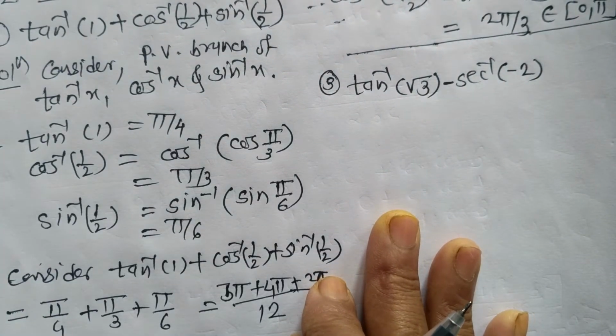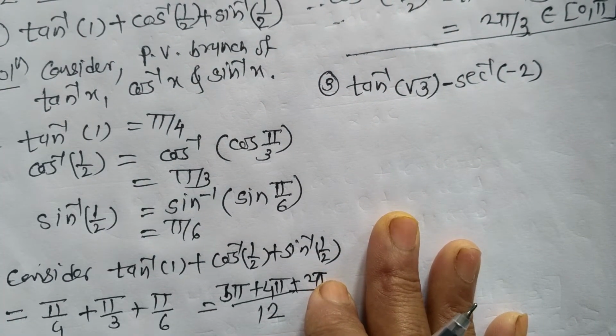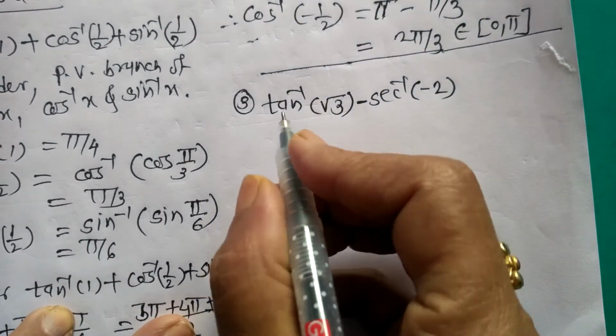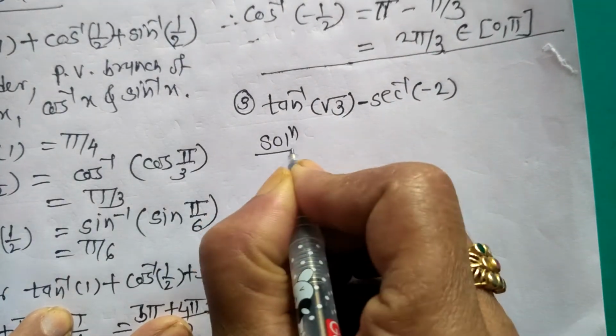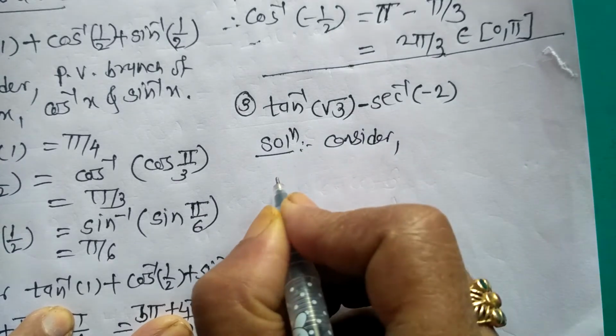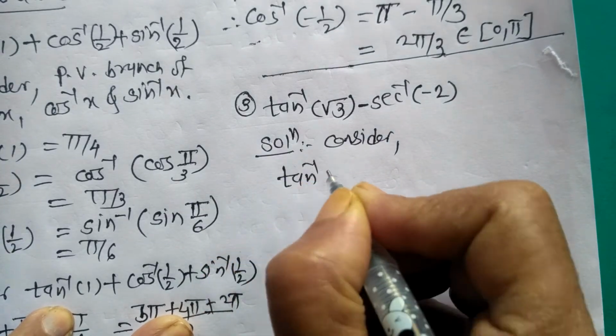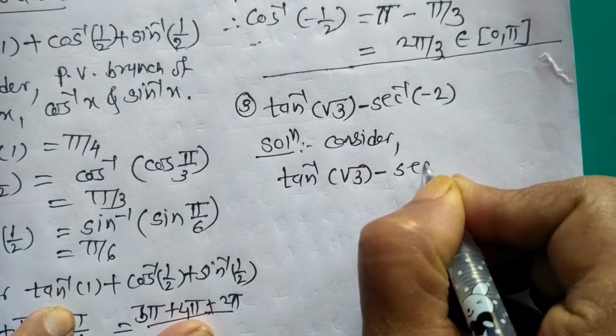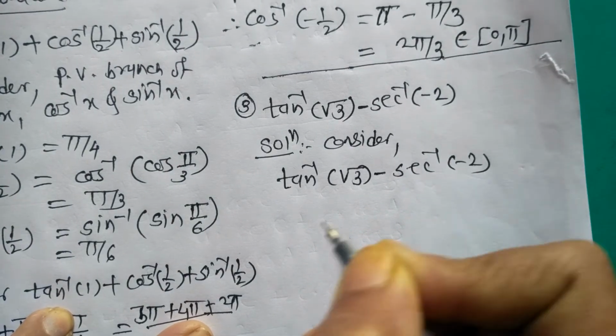For tan inverse root 3, we take the direct value, and we use the properties of inverse trigonometric functions. Now to find the solution, consider tan inverse root 3 minus sec inverse minus 2.